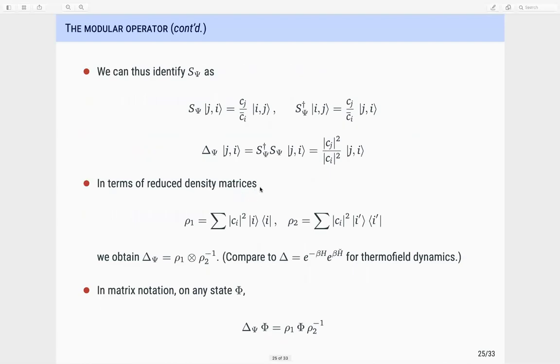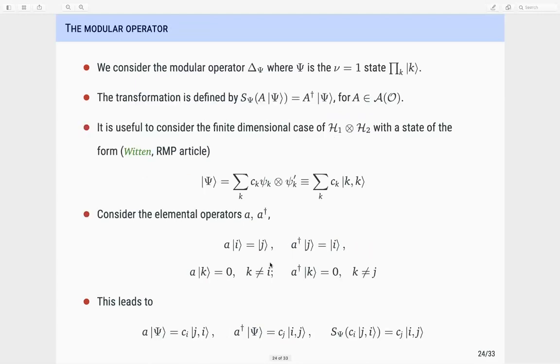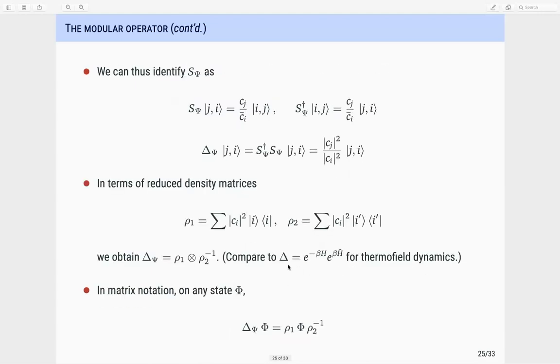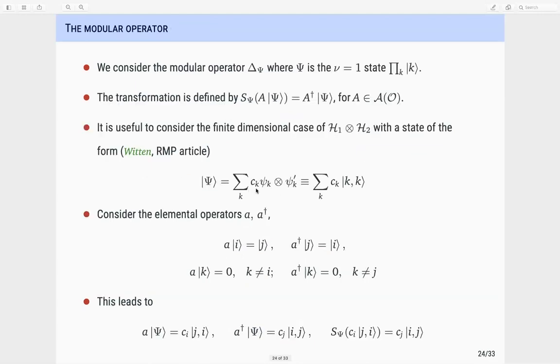and calculate its spectrum. The result of Witten's analysis here is that one way to calculate the spectrum of the modular operator is you take your system and define these reduced density matrices. Here the density matrix is shown in some usual form in terms of ket and bra states, and these are the occupancies of the various states.